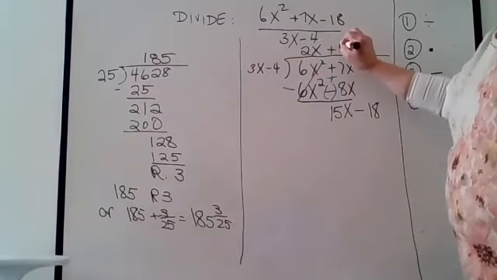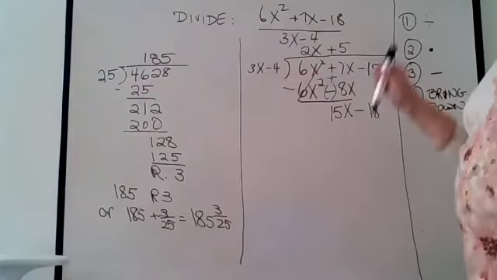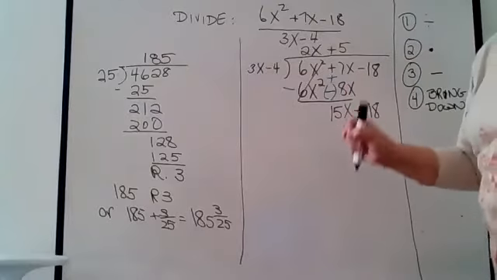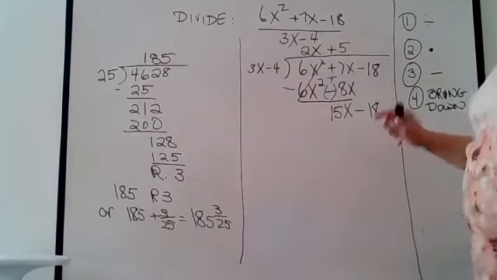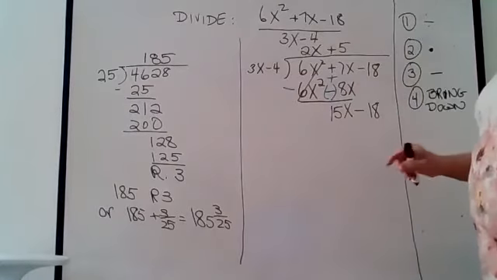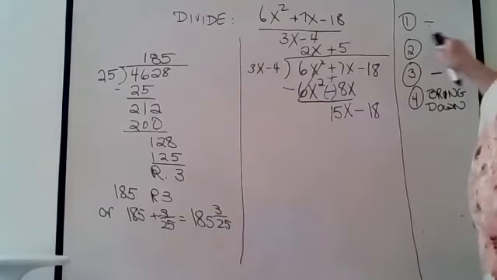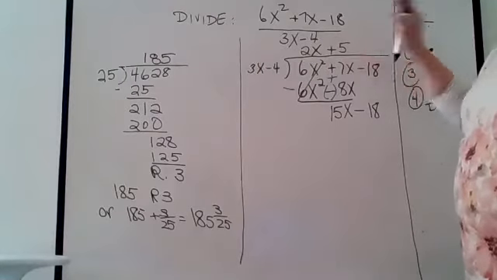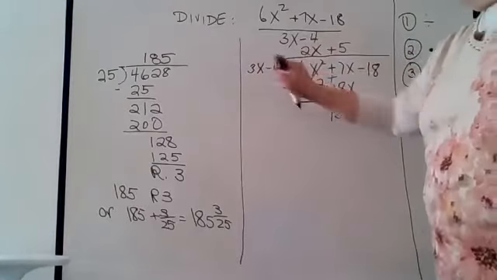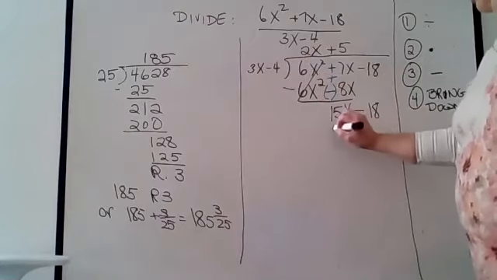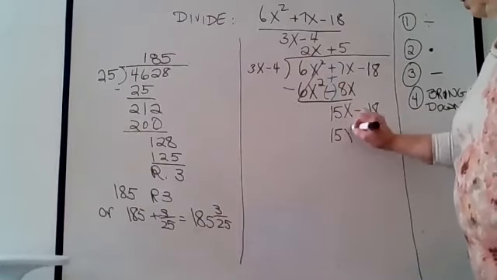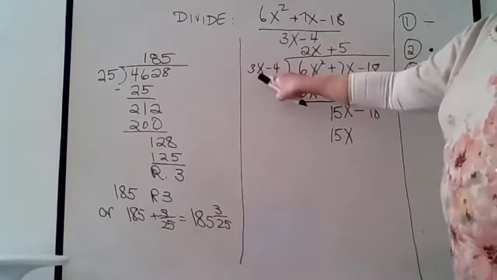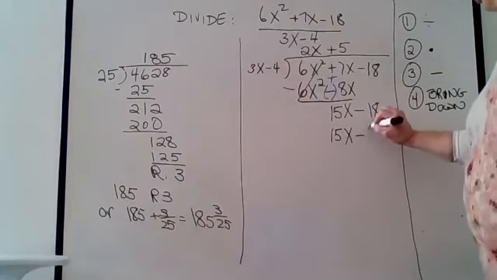The x's cancel out. Don't forget, x into x does not give me x. You put the 5 on top, and then you multiply by what you just put on top, which is the 5. 5 times 3x is 15x. 5 times -4 is -20.